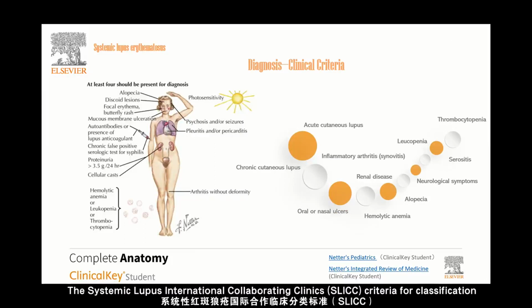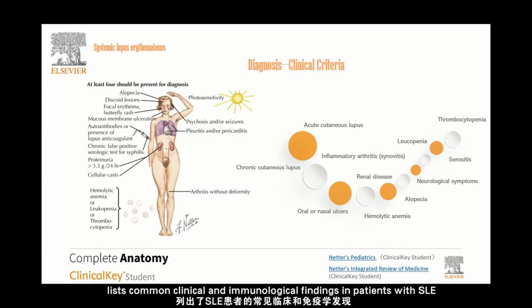The Systemic Lupus International Collaborating Clinics (SLICC) criteria for classification list common clinical and immunological findings in patients with SLE and can be used as a guideline for the diagnosis of SLE.